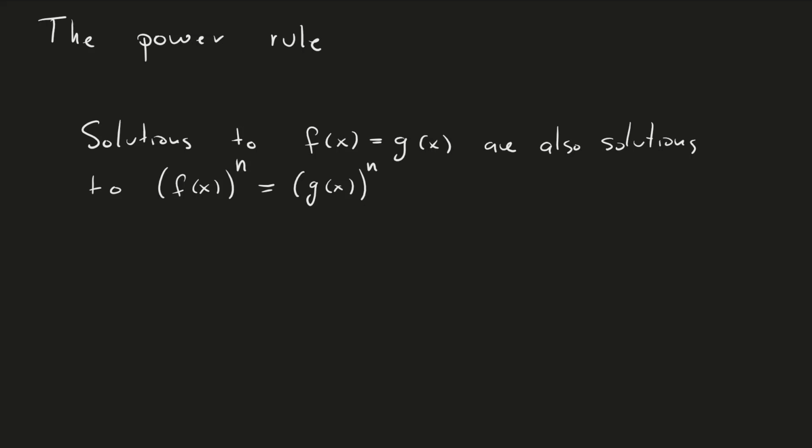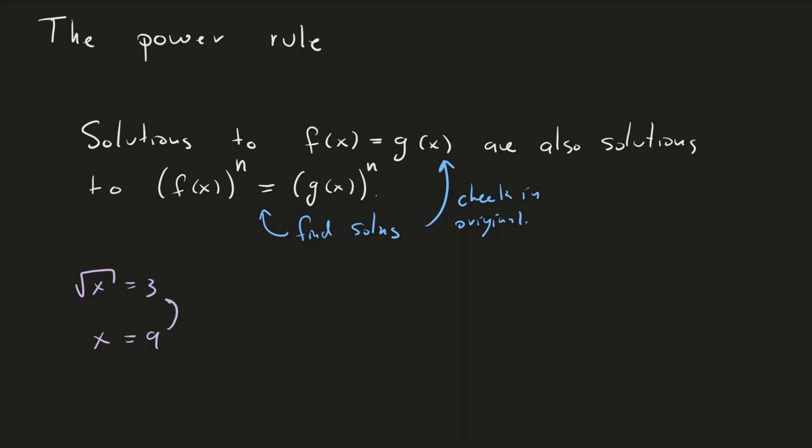So what we've been doing here is finding solutions and then checking in the original. And that's really what we saw here. We found that, for instance, with the square root of x is equal to 3, the solution to it being squared is in fact a solution to the original one, all right?